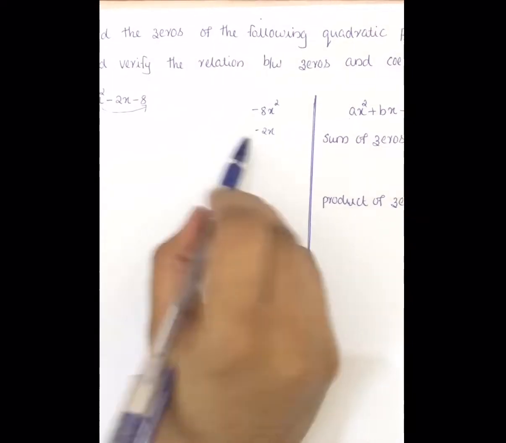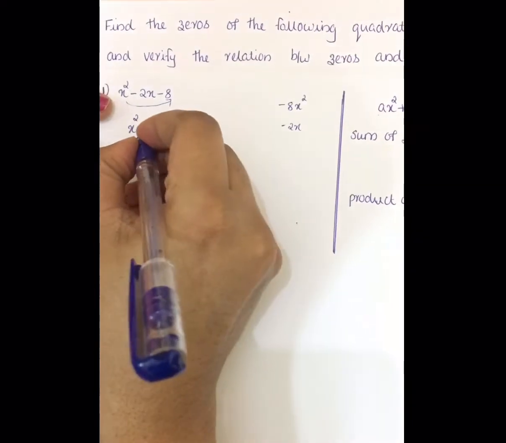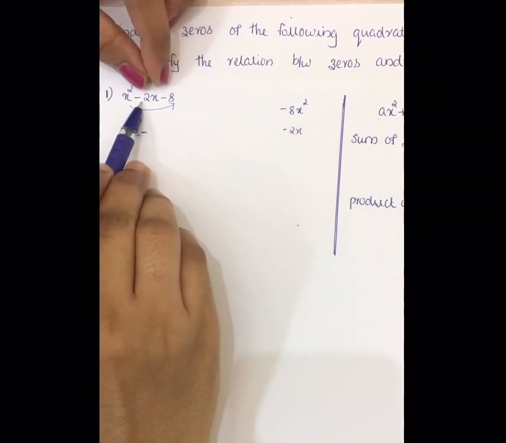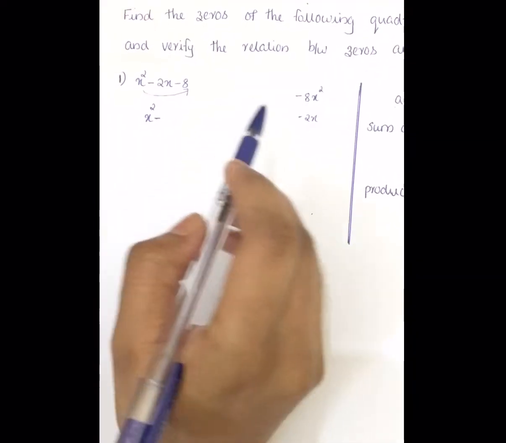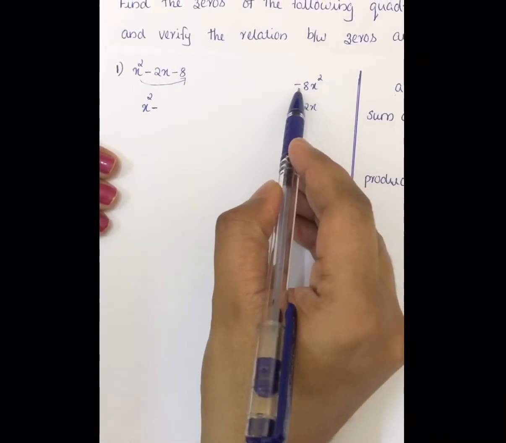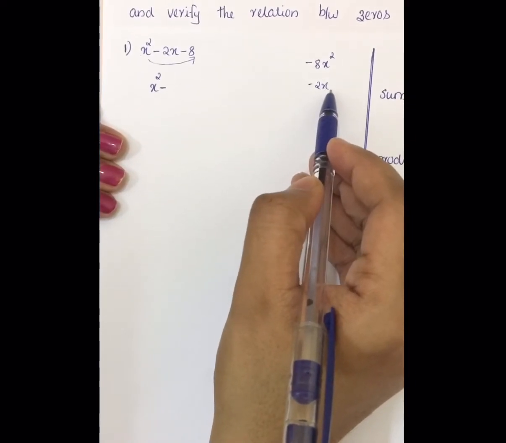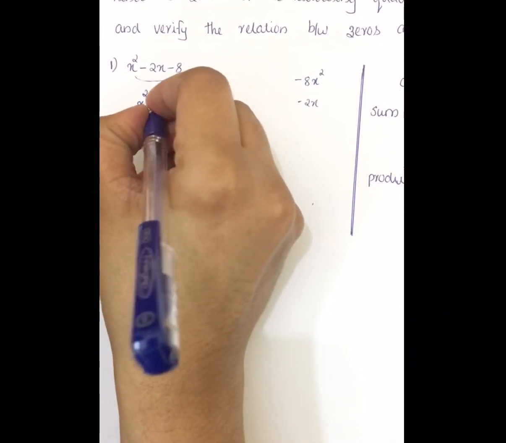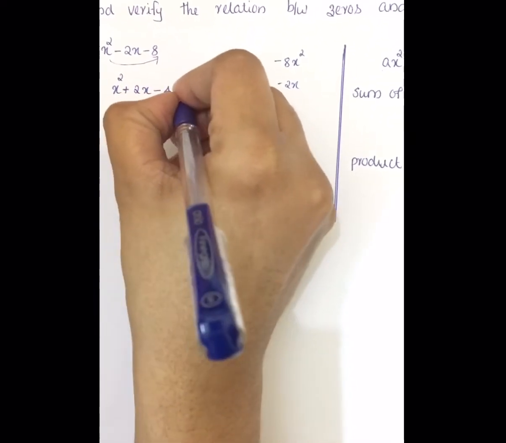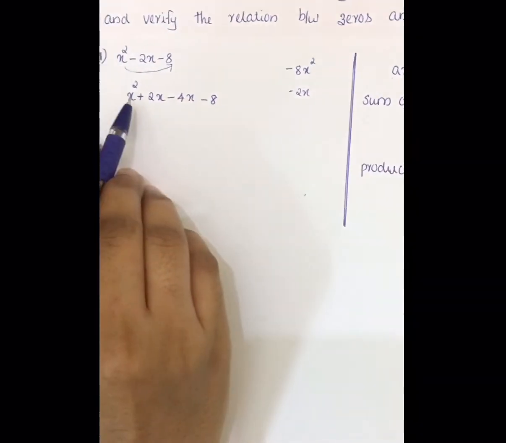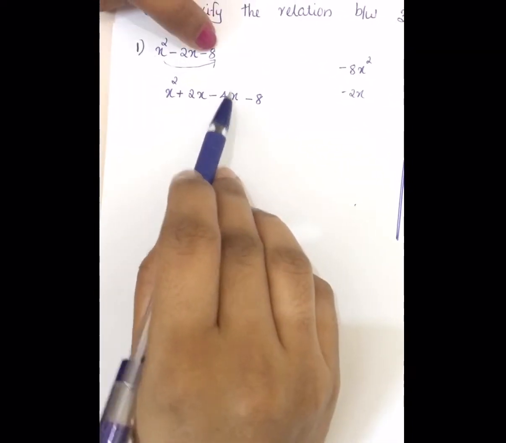When we expand this, we keep x square the same and split minus 2x into two terms whose product is minus 8x square and whose sum is minus 2x. So we can write it as x square plus 2x minus 4x minus 8, keeping the minus 8 the same.